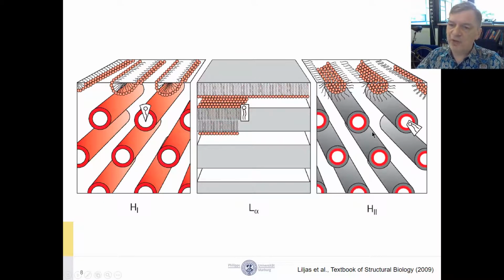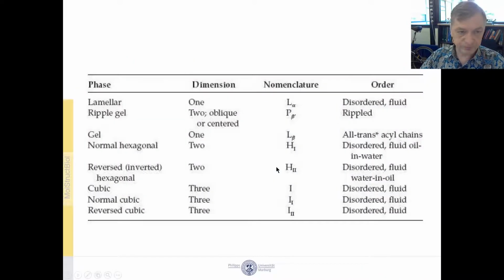You can also have the other way around, of course. You have a very large diameter in the hydrophobic area, at least in cross section, and a small one for the polar head group, and then you get an inverse hexagonal phase. They're also known for some lipids. But in nature, we usually have the lamellar phase.